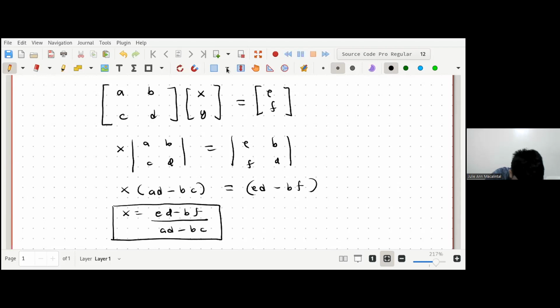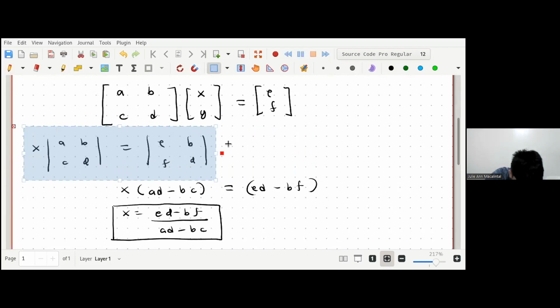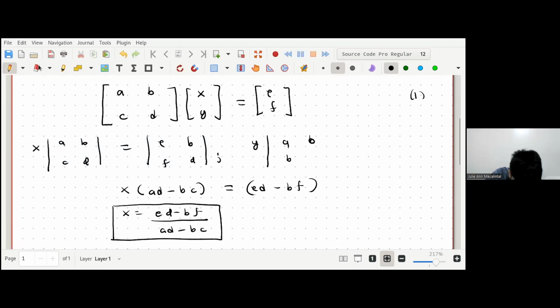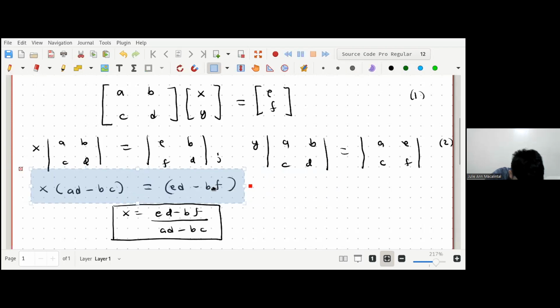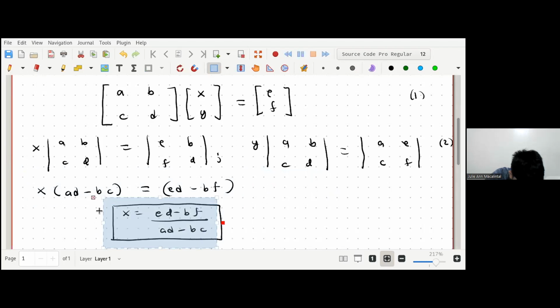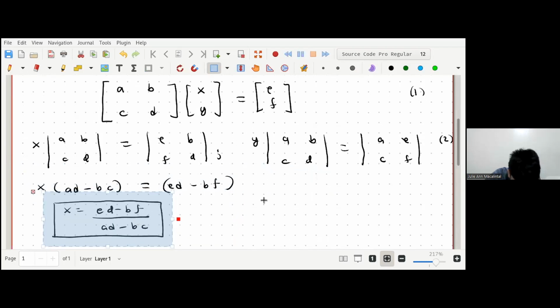Pagtabihin ko lang yung itsura ng ano. So, ito yung one equation. Tapos, yung sa Y, pag minultiply sa determinant A, B, C, D, this is going to be equal to A, C, E, F. So, in a way na similar, ito.